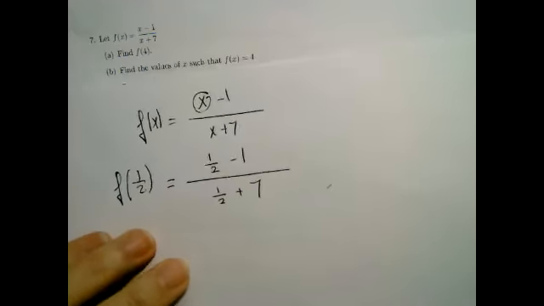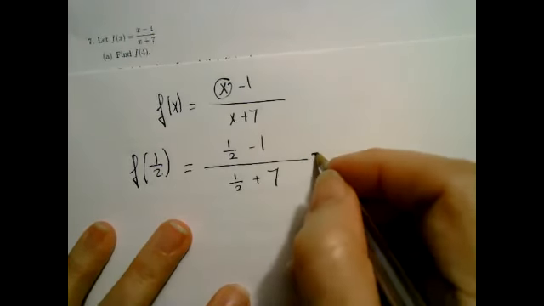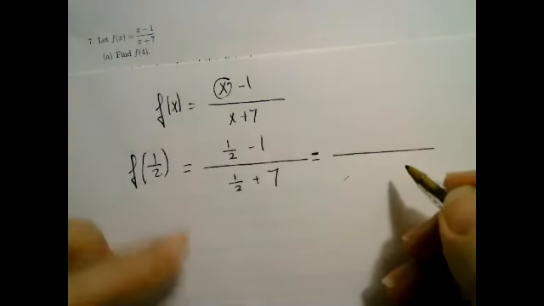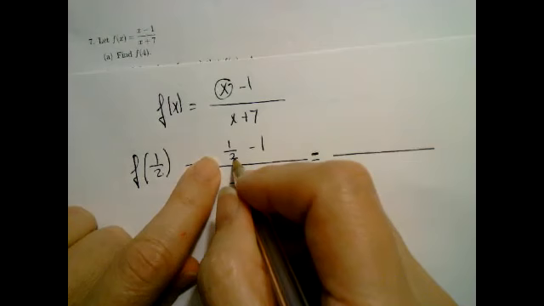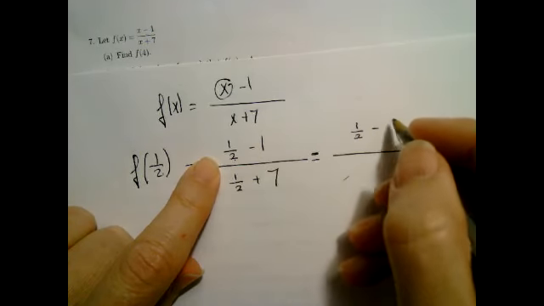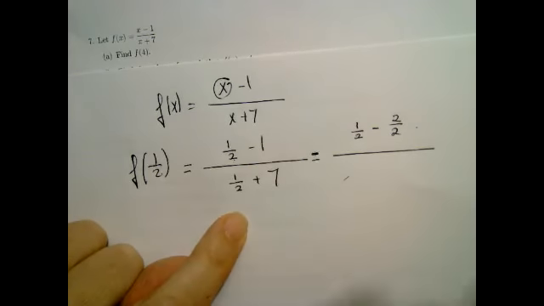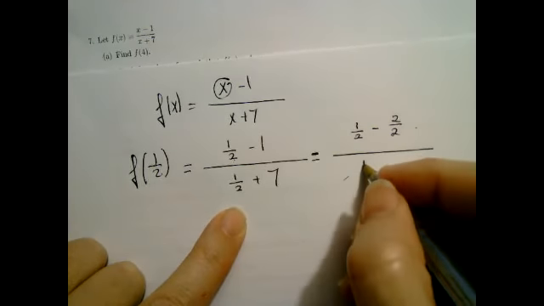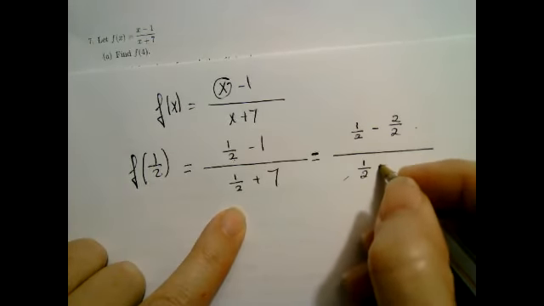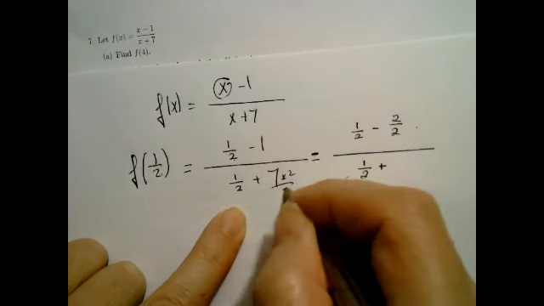Here I don't want you to pick up your calculator and give me decimals. What I expect you to do is basically a half minus 1, we have to find a common denominator in the numerator. The common denominator is a 2. Now this is simple, but I can give you something not simple like this. And this is a half. And the common denominator here, I have to multiply by 2, divide by 2.